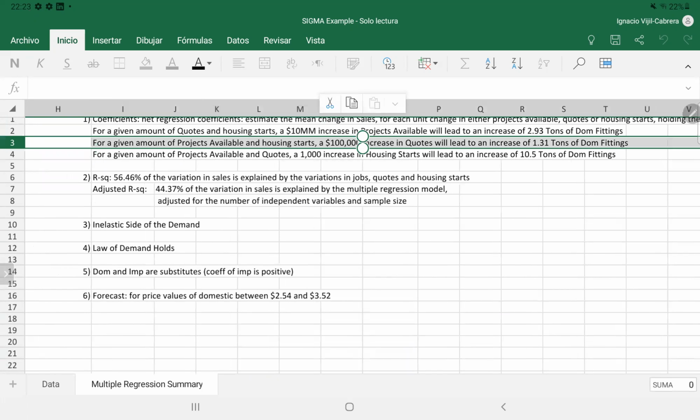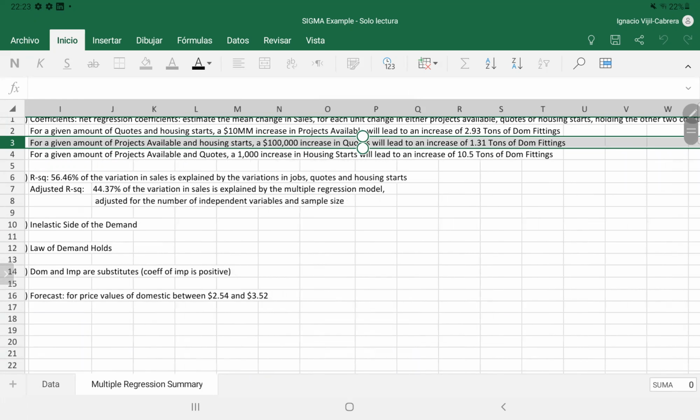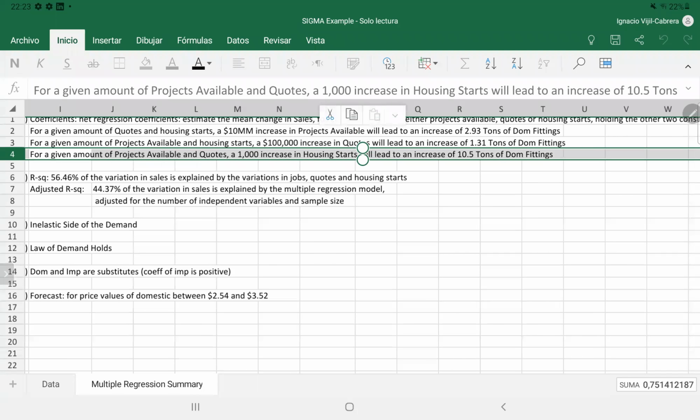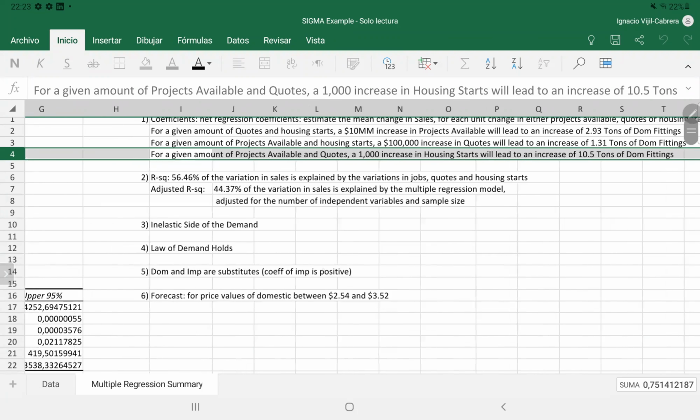For a given amount of projects and housing, if I increase my quotes by 100 grand, that will lead to an increase of 1.31 tons of domestic fittings. And for a given amount of projects available and quotes, 1,000 more houses will lead to 10.5 more tons of domestic fittings. Okay.